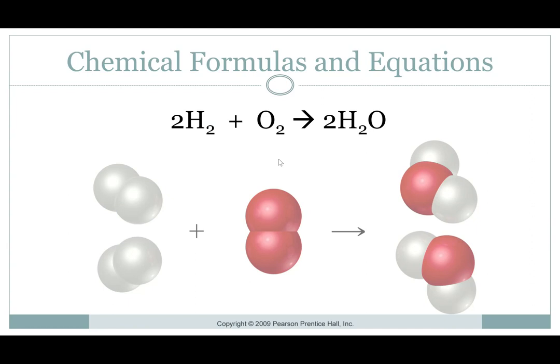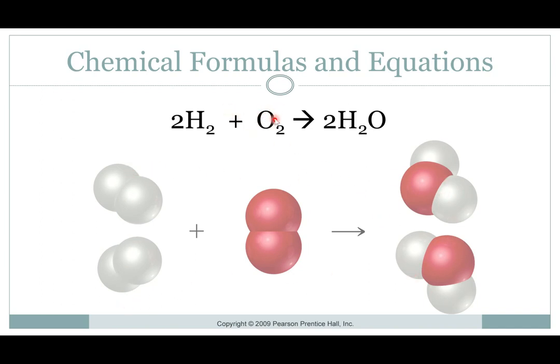Both of them are symbolically representing the same reaction. So on the top, we see numbers and letters. This is the way that we're going to talk mostly about how we depict chemical equations. But this is also a way that we can depict it with pictures of atoms and compounds, okay?